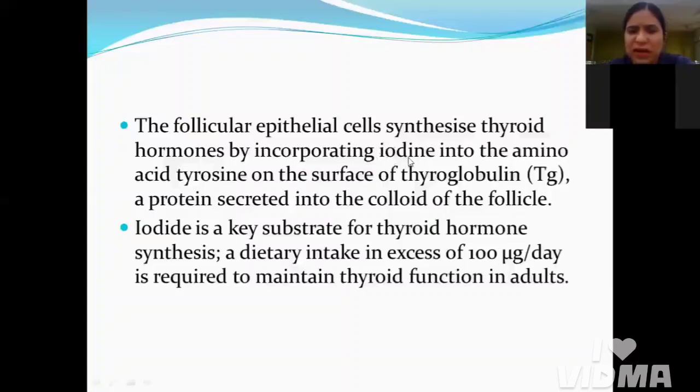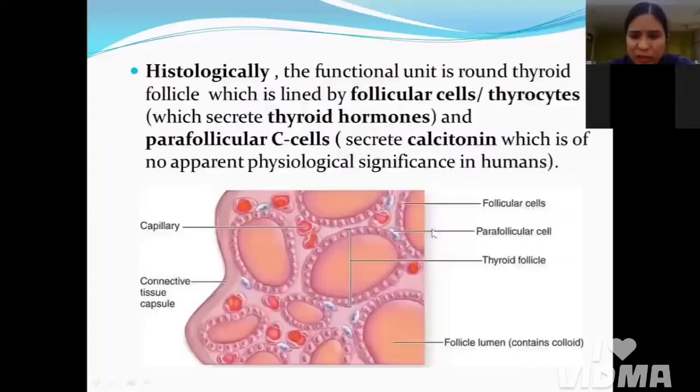It has to be taken from outside because the body cannot produce it itself. This iodine will then get attached to the amino acid tyrosine on the surface of the protein known as thyroglobulin, which is produced by the follicular cells and secreted into the colloid of the follicle.